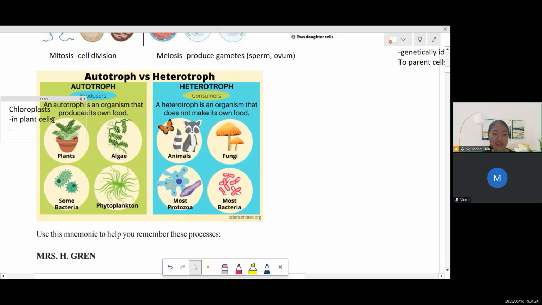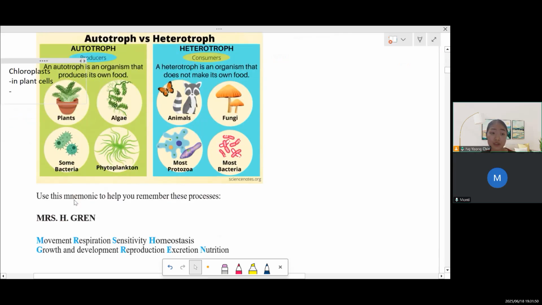Chloroplast in the plant cell is able to carry out photosynthesis. That's why plants are able to produce their own food without depending on an external food source. Not only plants contain chloroplast; some other organisms do too, for example some bacteria. Even though bacteria are not plants, they contain chloroplast, so they are able to produce their own food.